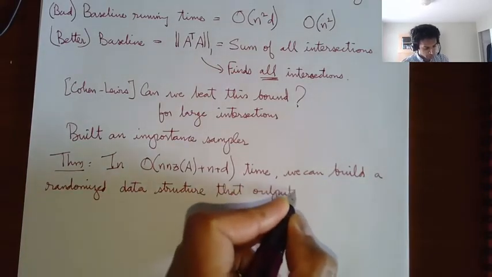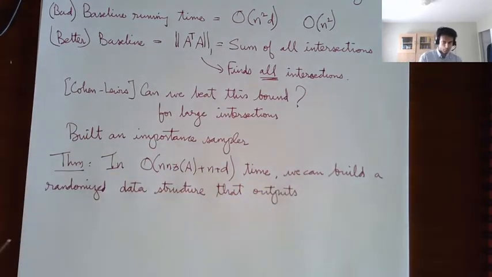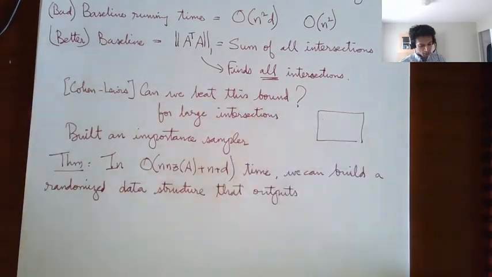What I mean by randomized data structure will be clearer when I make the description, but the way to think of it is that it's this black box that we're going to build.